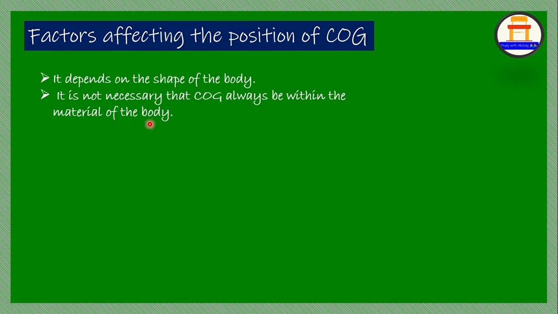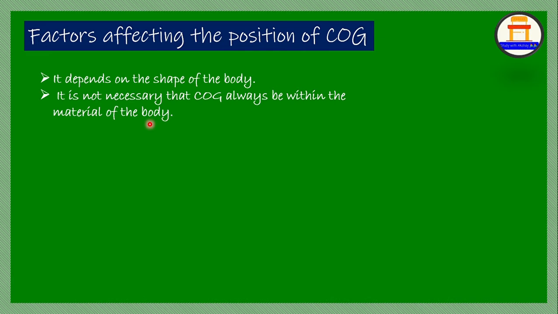The first one is the dependence on the appearance. Based on the appearance, the center of gravity depends. If it is a circle, a triangle, a rectangle, a cylinder or whatever, the center of gravity depends upon that.